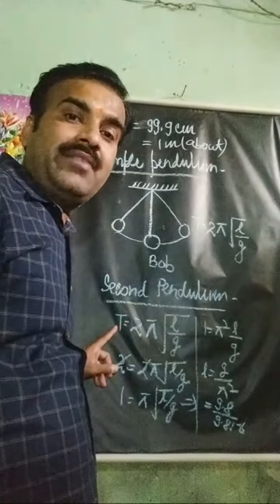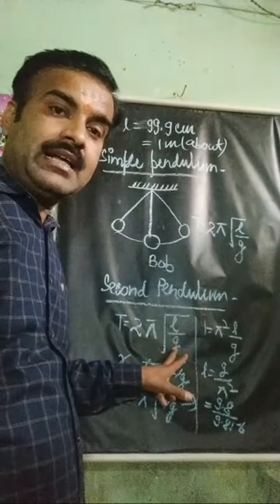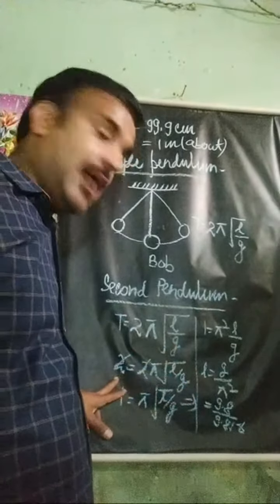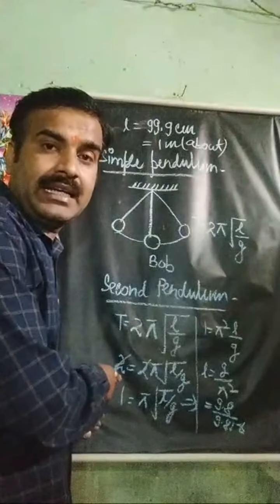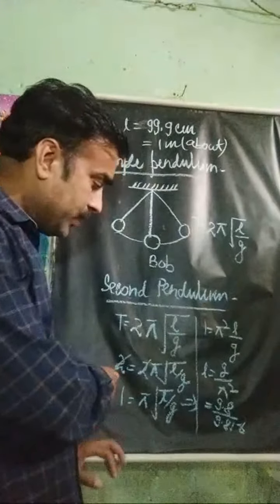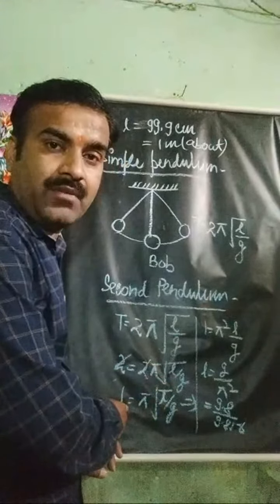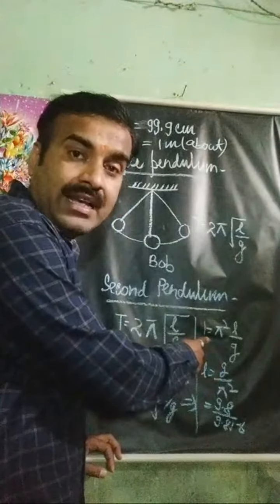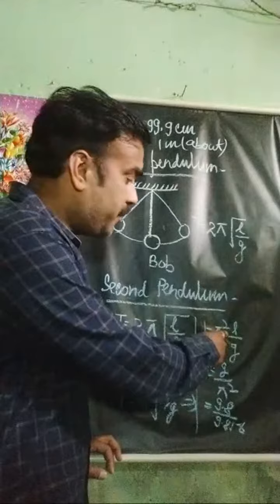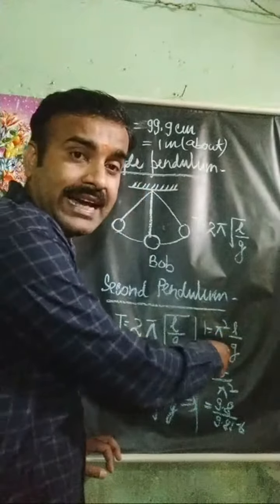The formula we already know: T equal to 2 pi under root L by G. So I have put the value of capital T equal to 2 seconds, so 2 equal to 2 pi under root L by G, or we can also write 1 equal to pi under root L by G. Here also we get 1 equal to pi square L by G, because we are squaring both sides.